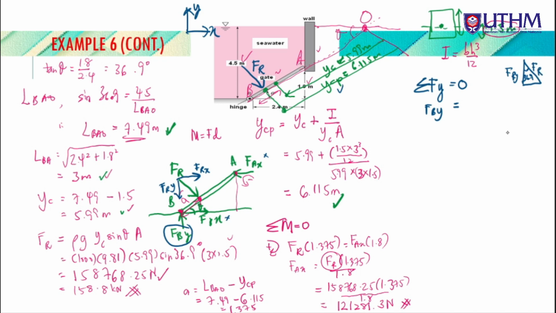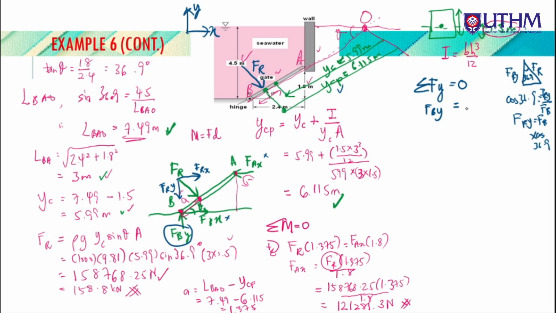Ok, kita tahu cos 36.9 equals to sebelah Fry over Fr. So Fry must be equivalent to Fr times cos 36.9.